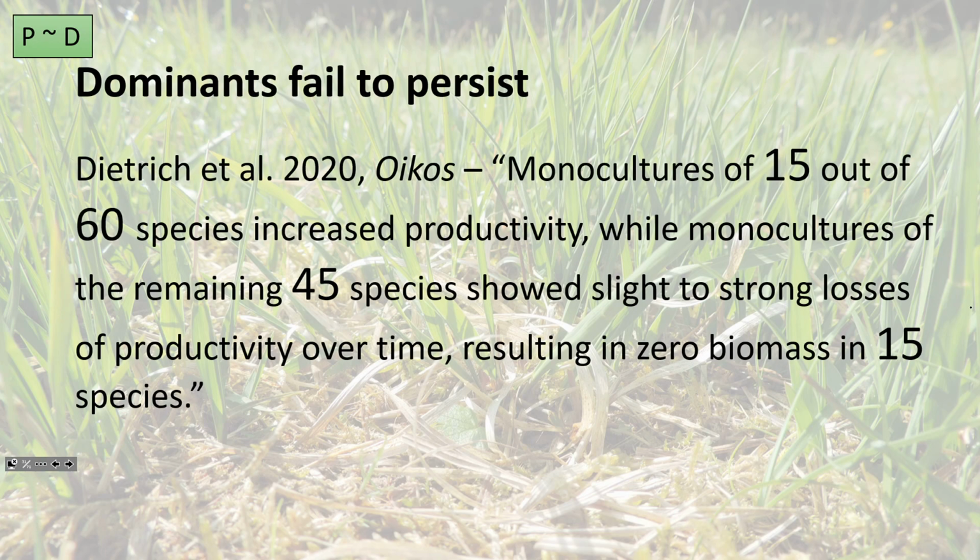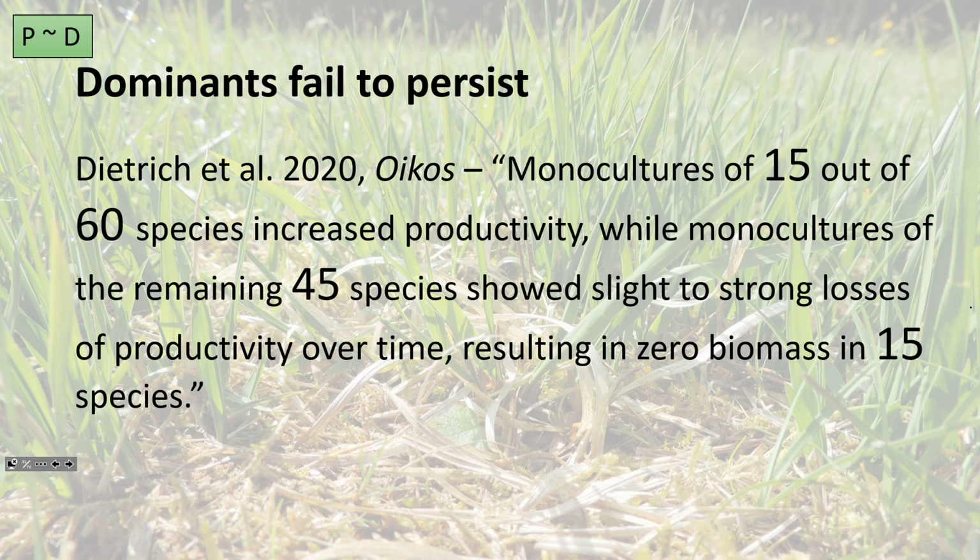This is nicely seen in Dietrich et al. 2020, which is again from the MENA experiment. They did some nematode study, but used the plots, and they are showing that out of 60 species, that's the maximum diversity, the total species pool, 15 monocultures of these 60 species increased in productivity.